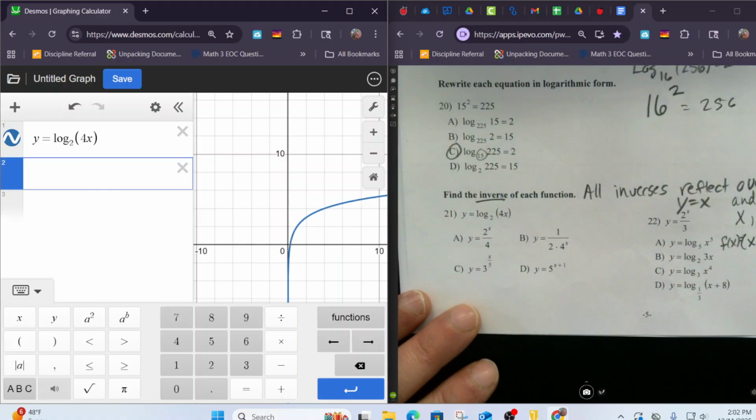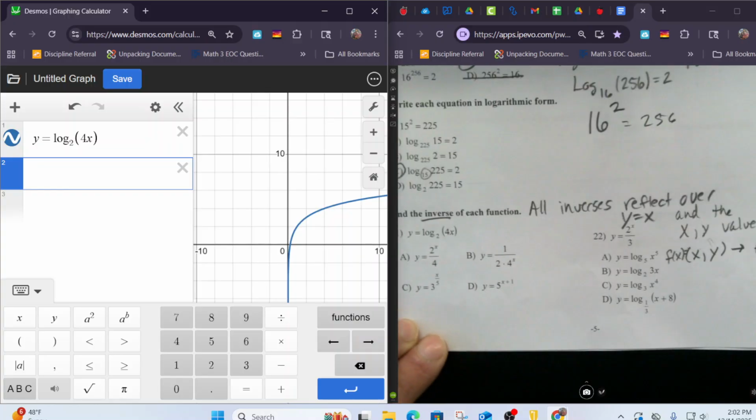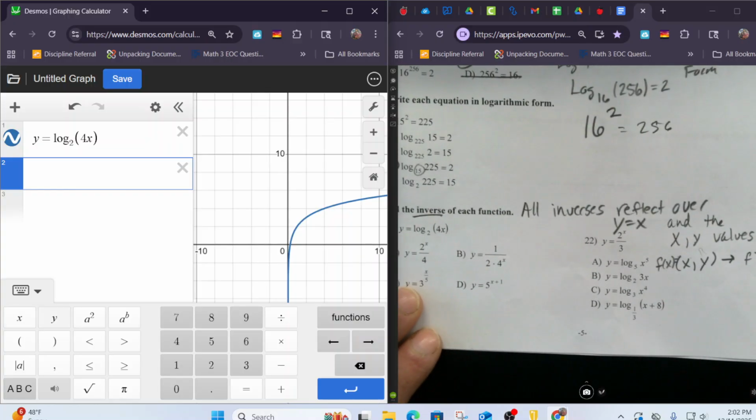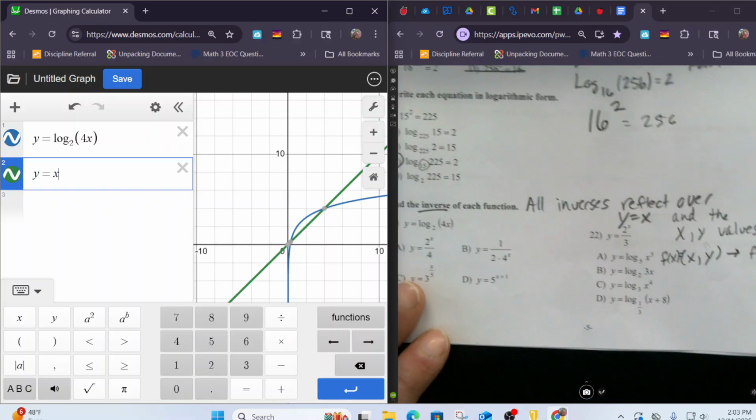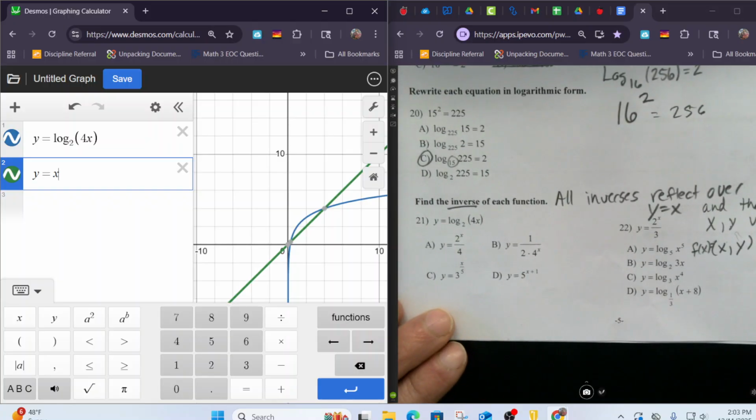All right, now, guys, all of these reflect across y equals x. So put your reflection line in there. There's your reflection line. Now, they should reflect over the green line.